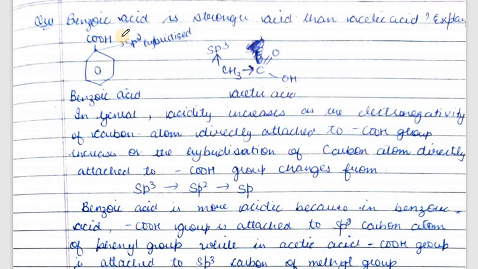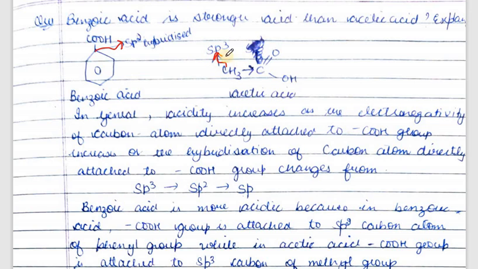Similarly, which is the stronger acid, benzoic acid or acetic acid, can be easily explained. Benzoic acid is a stronger acid than acetic acid because in benzoic acid, the carbon to which the COOH group is attached is sp2 hybridized, and in acetic acid, the carbon to which the COOH group is attached is sp3 hybridized.